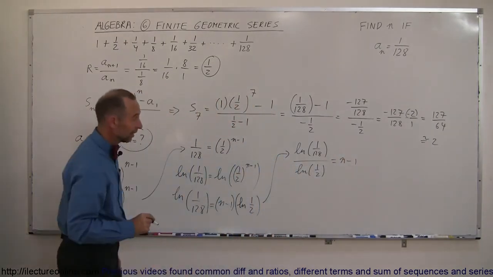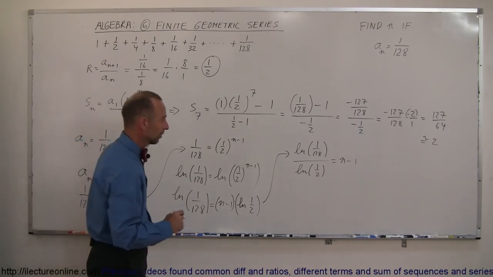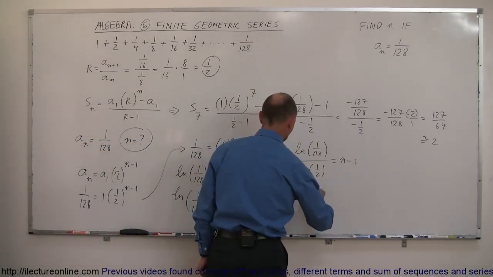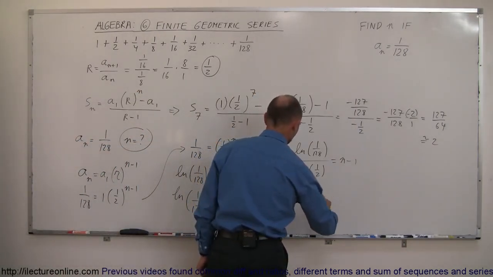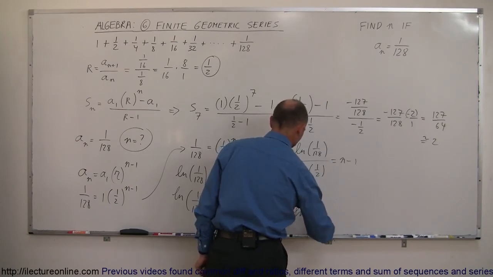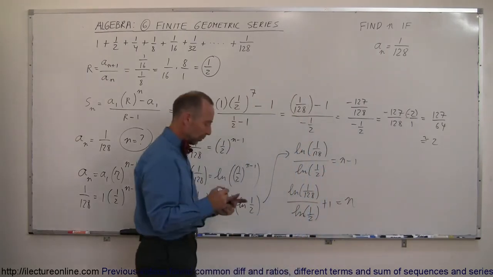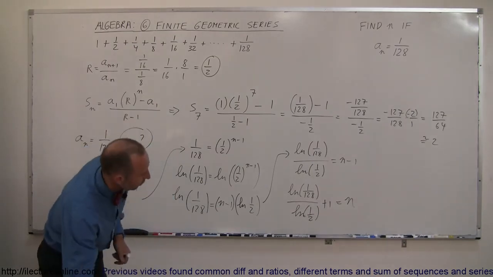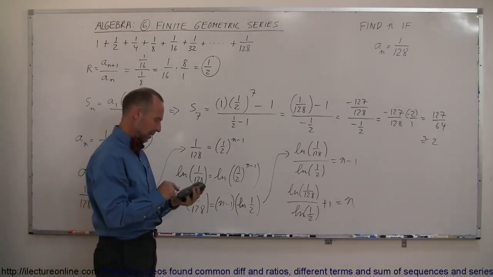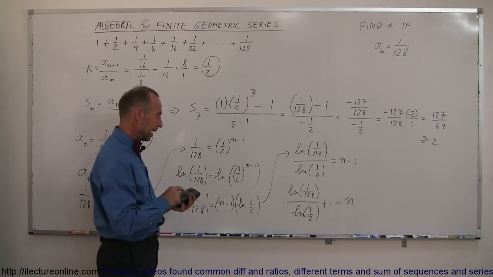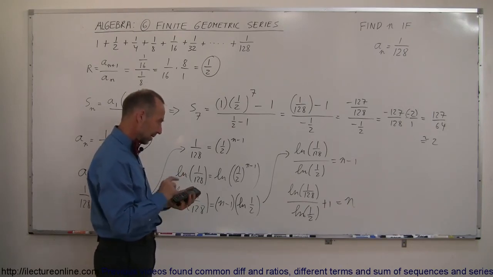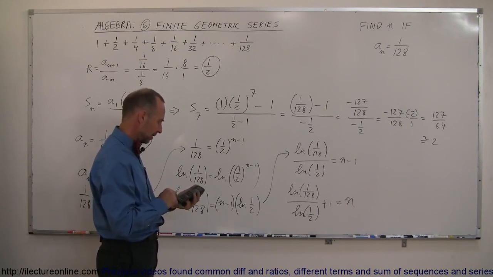And now we're almost there, because if we add 1 to both sides, we can say that the natural log of 1 over 128 divided by the natural log of 1/2, plus 1, because I put the minus 1 to the other side, equals n. And now all I need is a calculator. So 1 divided by 128, take the natural log of that, and then divide by the natural log of 0.5, equals.